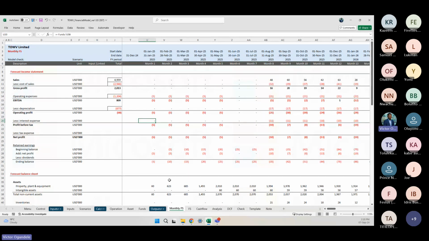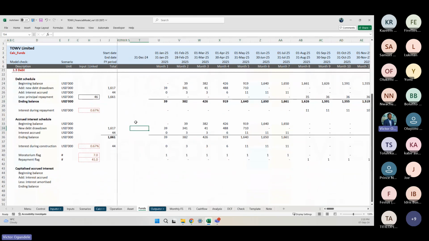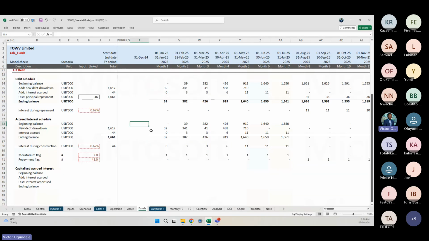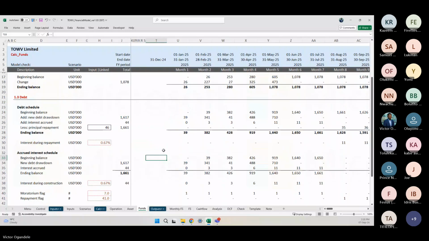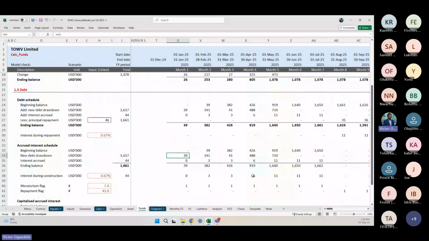Okay, I'm surprised why you are getting that. Did you make sure you did this accrued interest schedule? Is anyone also getting a circular reference, please? Look at this new debt drawdown under the accrued interest schedule.